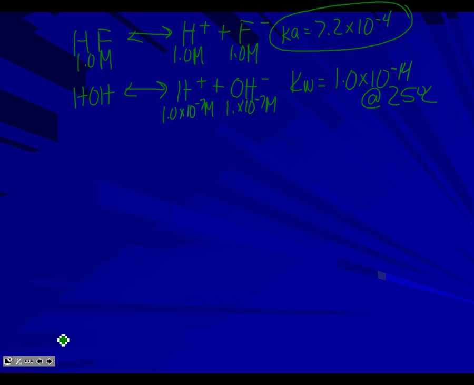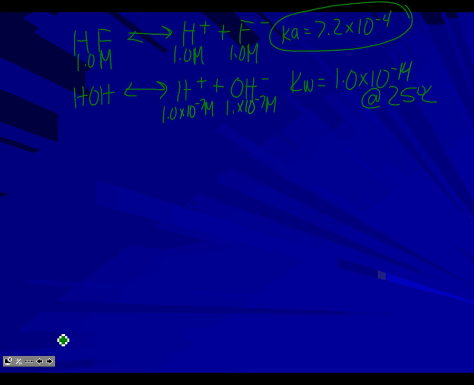So you could do it either way here. You could compare the Ka to the Kw. Our Ka is much bigger. Or you can also look at the molarities that are present. The molarity of the hydrogen ions from our weak acid is a lot greater than the molarity of our hydrogen ions from our water. So we're going to ignore water.